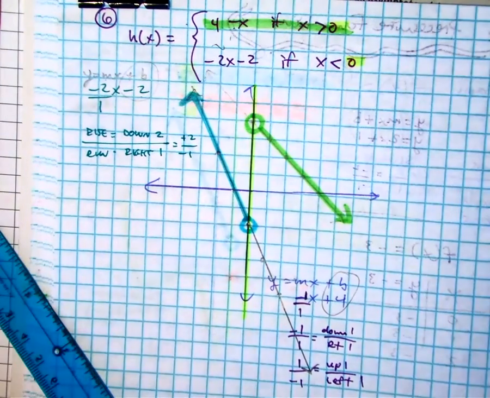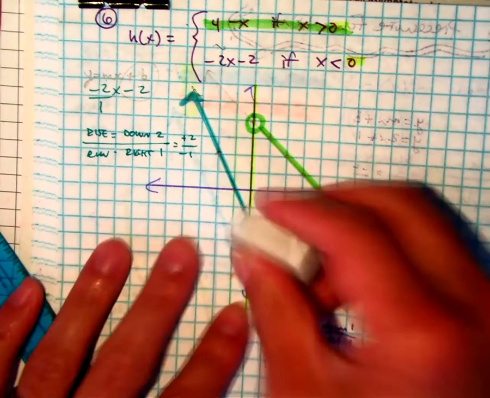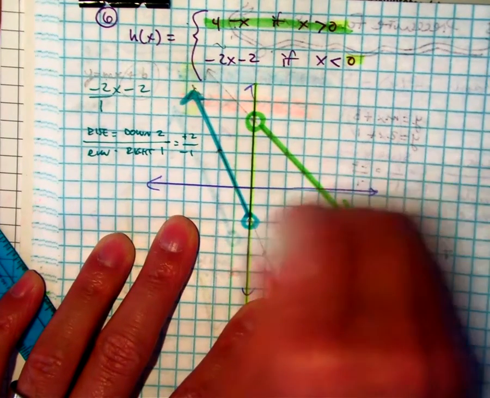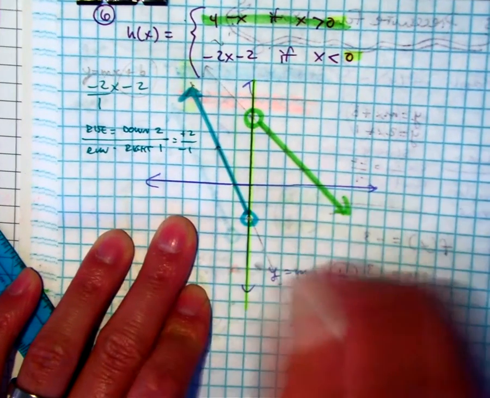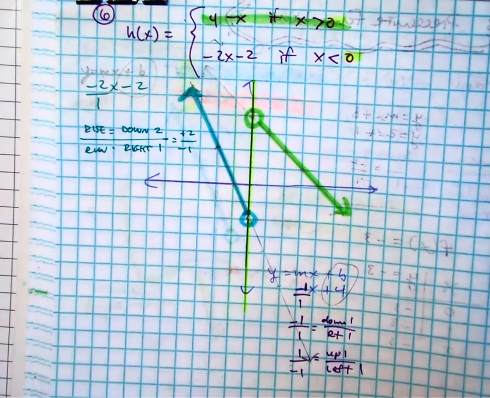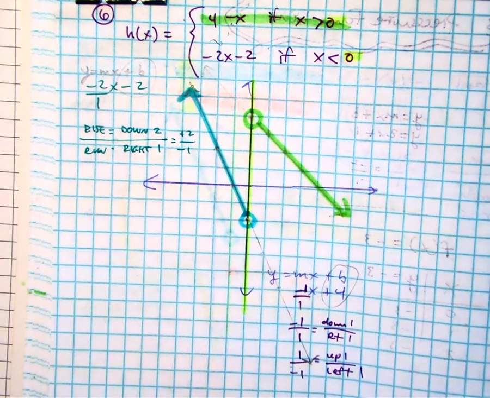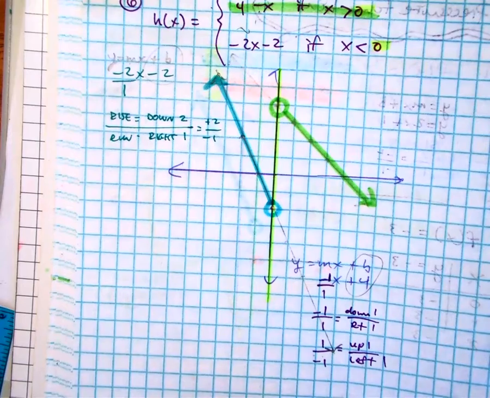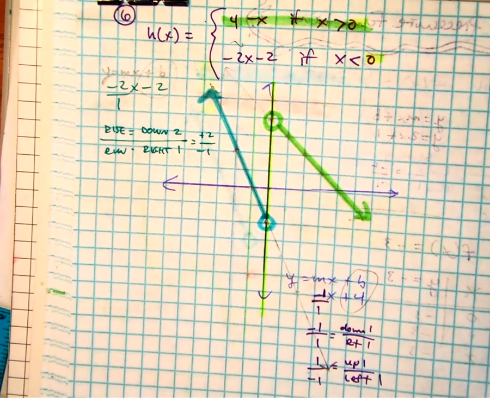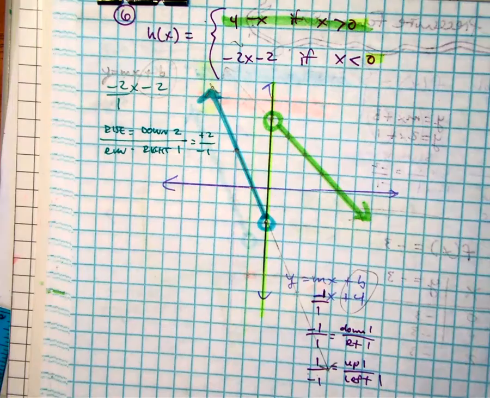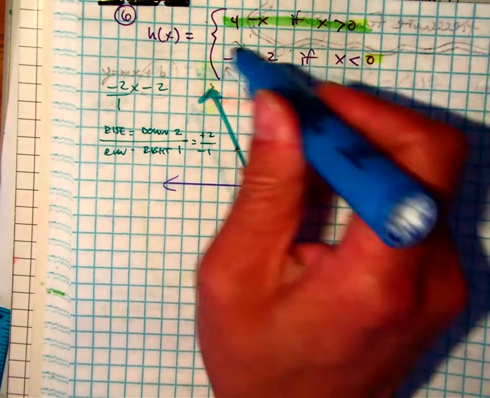Go ahead and erase. So, here in our graph we have a piecewise function. Notice your two parts here, where x is greater than 0 and less than 0.